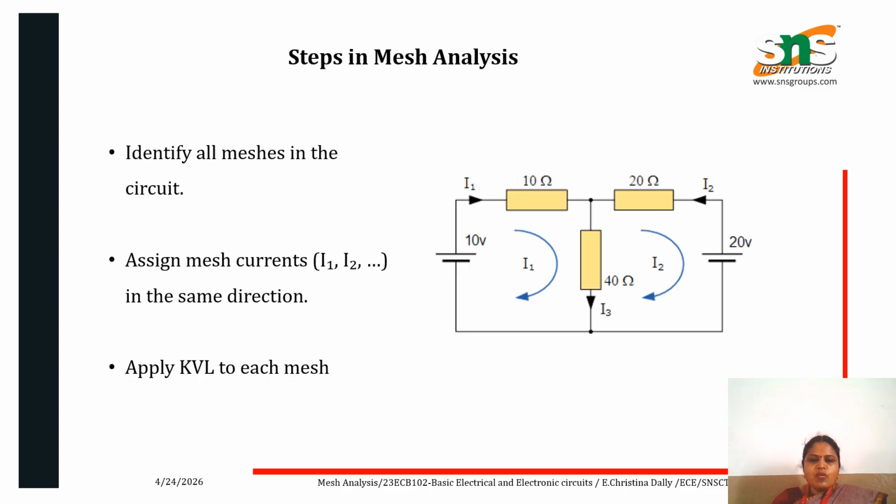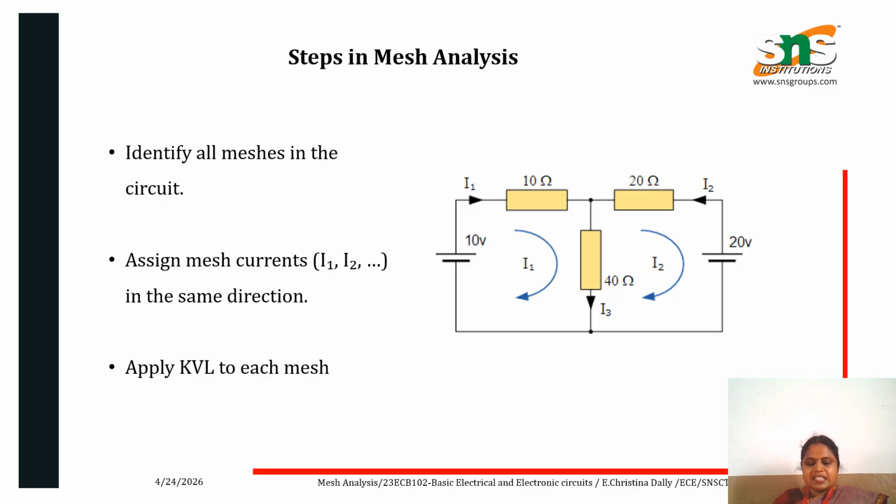The next one, we are going to see the steps in mesh analysis. We identify all the meshes in the circuit and assign the mesh currents in the same direction. That is, we have the currents I1 and I2, and we apply KVL to each mesh.